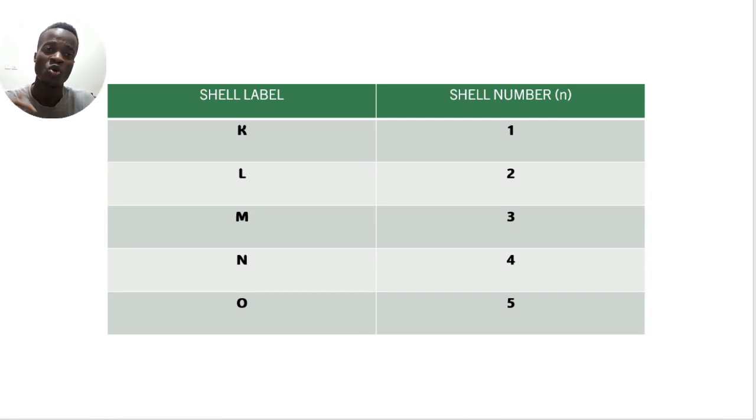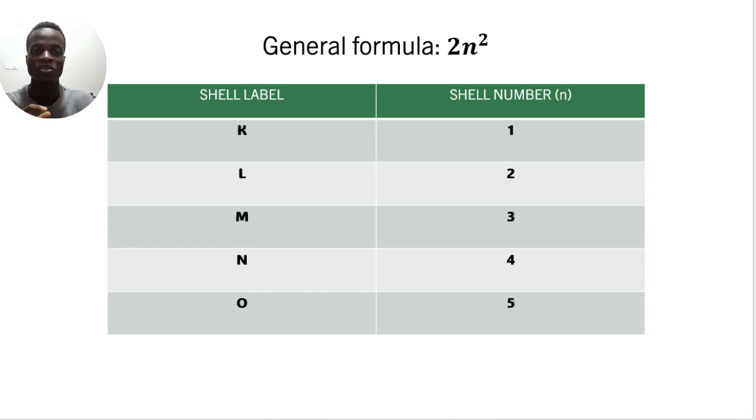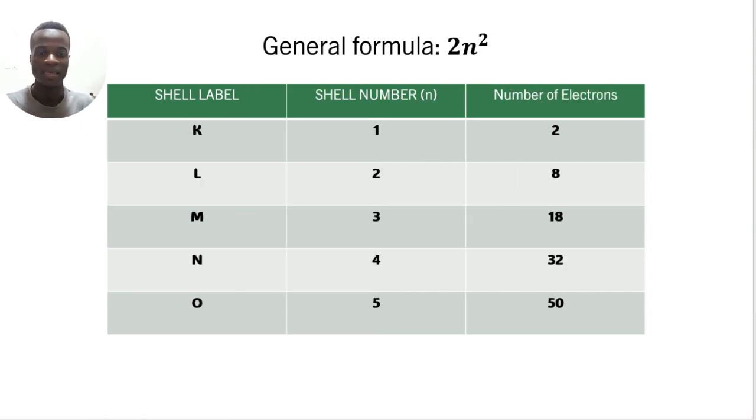The number of electrons on each shell follows a particular general formula, and this general formula is what we have at the top here. The general formula is 2n squared, where n is the shell number as seen in the table. So to know the maximum number of electrons that a particular shell should contain, we have to use this formula 2n squared, right? If you update our table, you see that shell label K has shell number 1, and the number of electrons is 2, because n in this case is 1, so 2 times 1 squared is 2.